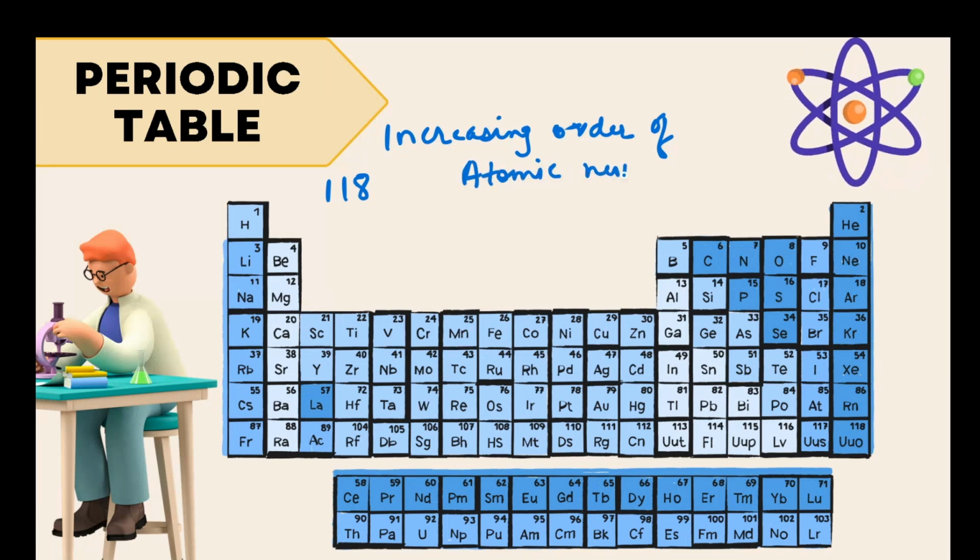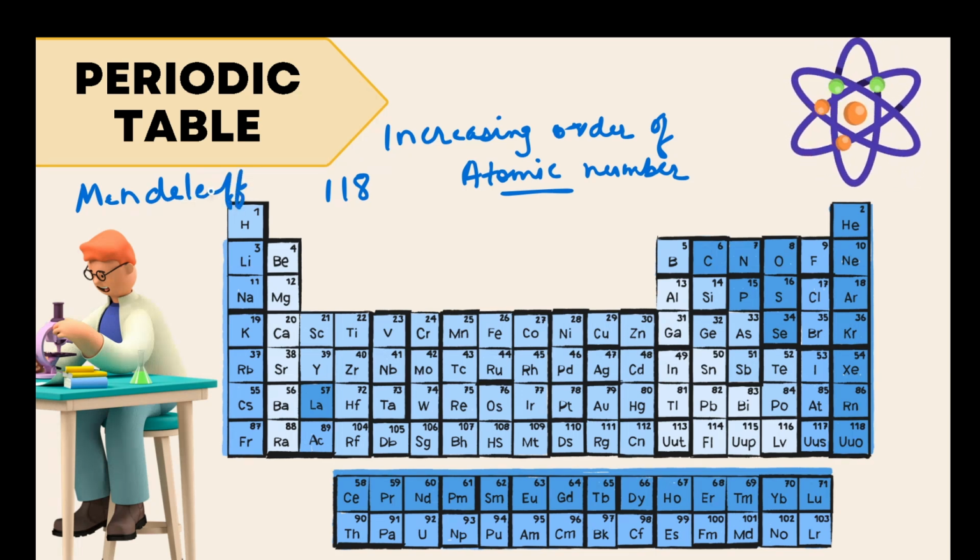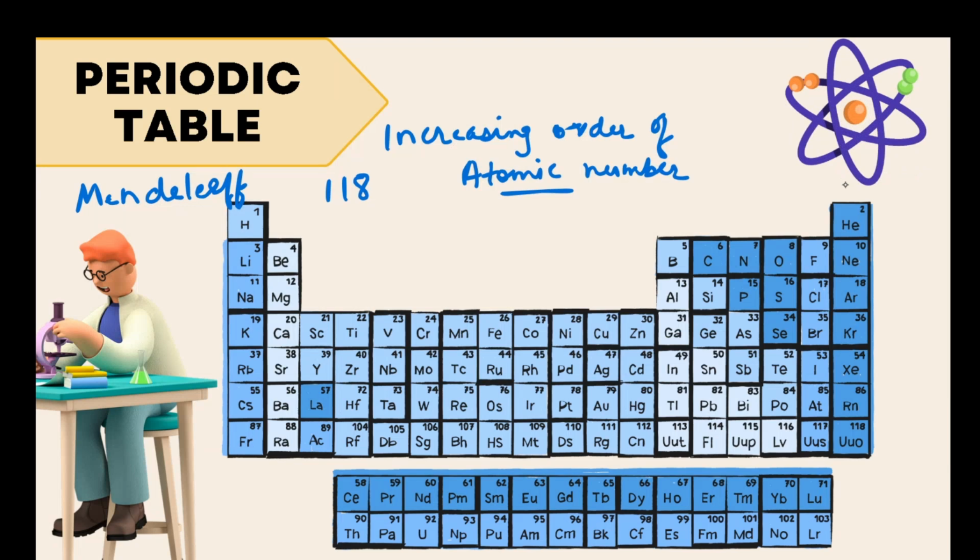So this can be asked in your MCQ, how the elements are arranged: in increasing order of their atomic number. And this table was given by a scientist by the name of Mendeleev. His name is important. Double E and double F, Mendeleev. Mendeleev was the scientist who has given this modern periodic table.